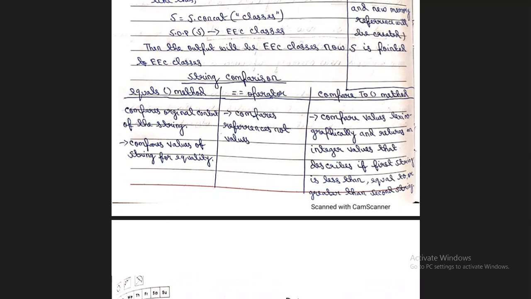Now at first, what is the equals method in string? Mainly the equals method compares the original content of the string. Whether the string is a string literal or is created using the new keyword, it only concentrates on the original content, the value of the string.